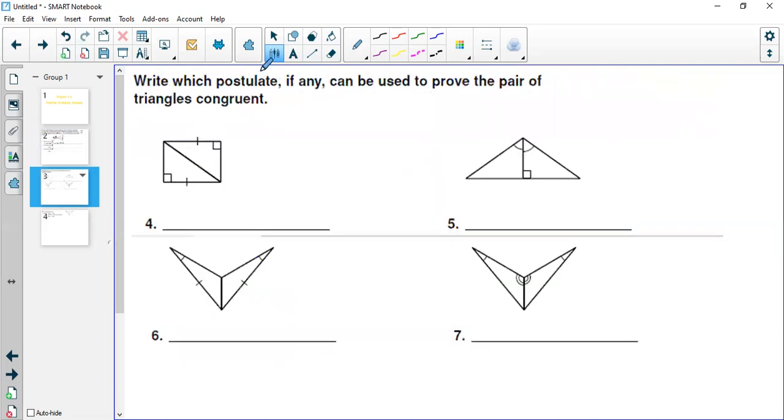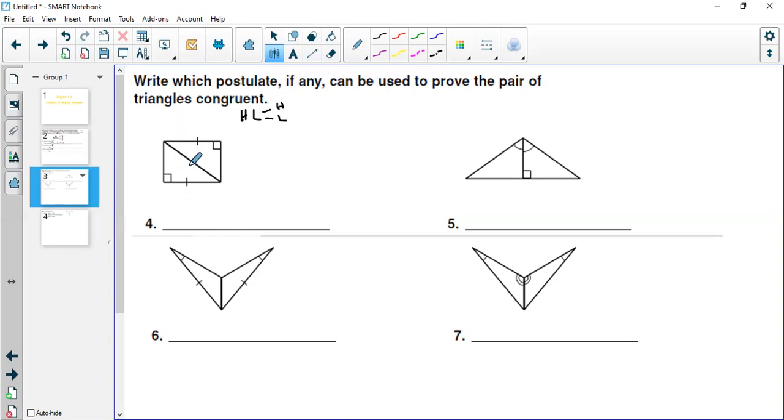The next question, which postulate can be used to prove the pair of triangles congruent? Now, as soon as you see, you just guess which are the triangles given. Here two right angles are given. So directly you could use HL, but to use HL, you need the hypotenuse and a leg, the measurement of a hypotenuse and a leg.